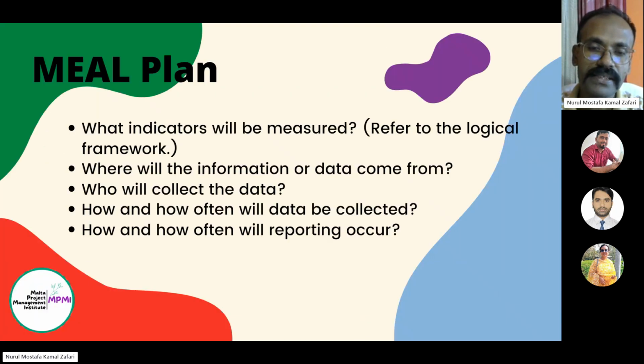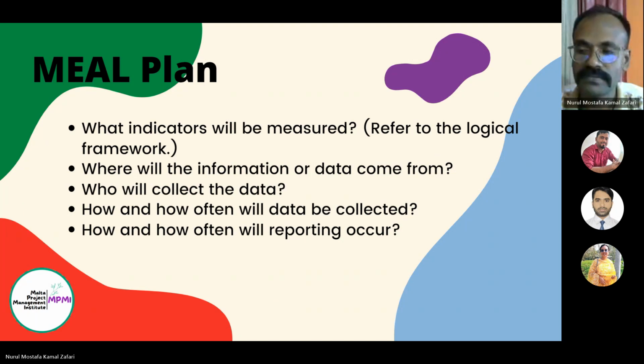Then meal plan, it's a different one, but many donors want you to draw a simple meal plan, like a one-page or half-page meal plan, to make sure that you understand the project and you have a vision to make the project accountable, competent and successful.